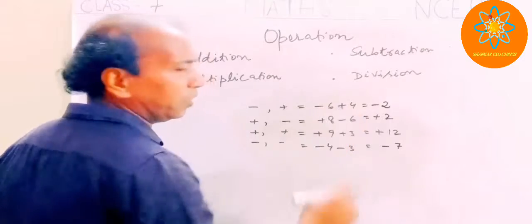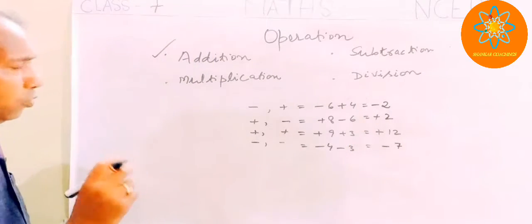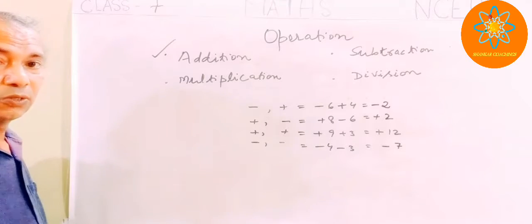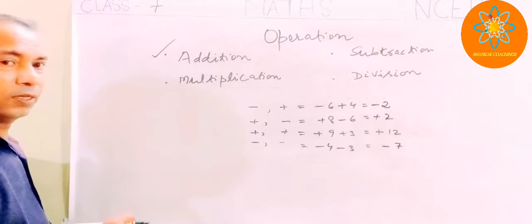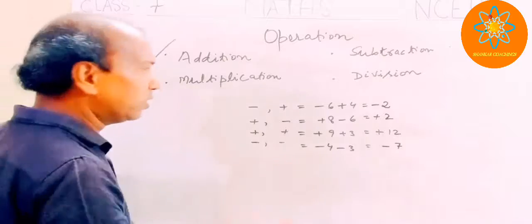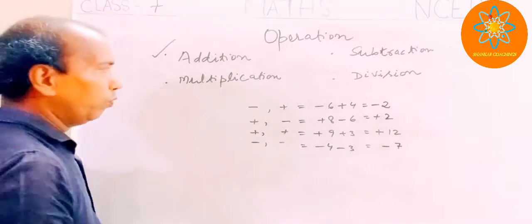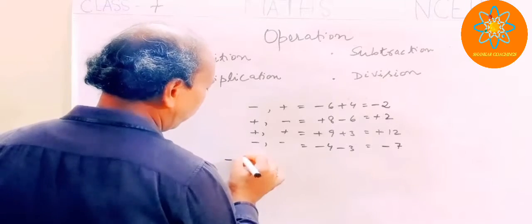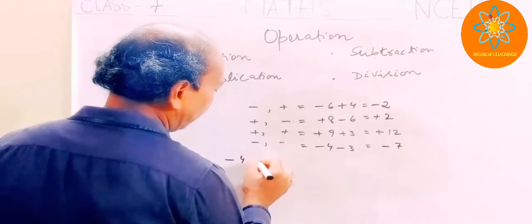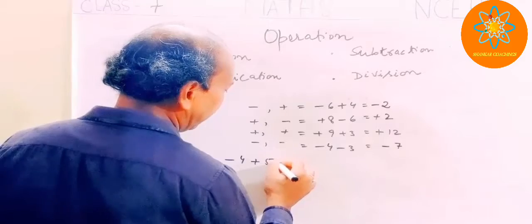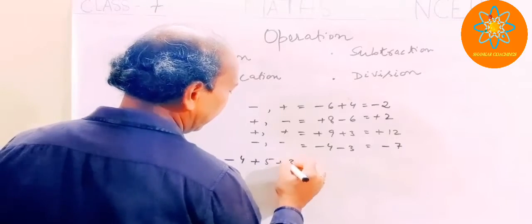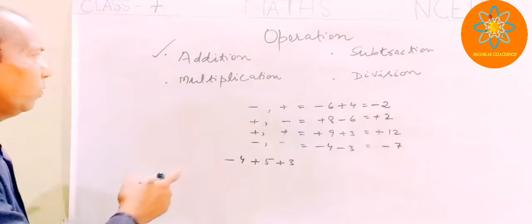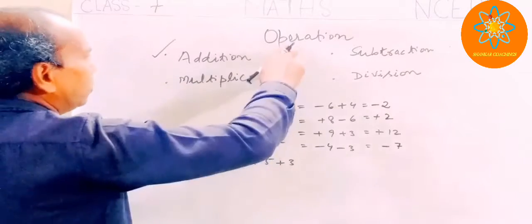Now the case arises: in this case you are adding only two integers. Let's suppose instead of 2 we have 3. Let's suppose minus 4, then plus 5, then plus 3. Suppose such types of integers are there and you want to find the addition.